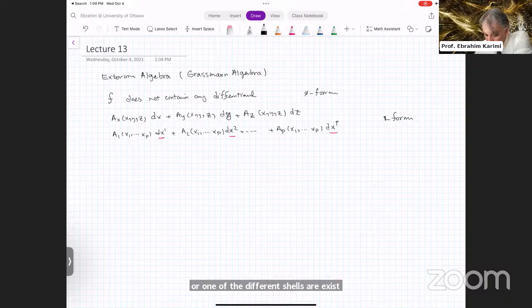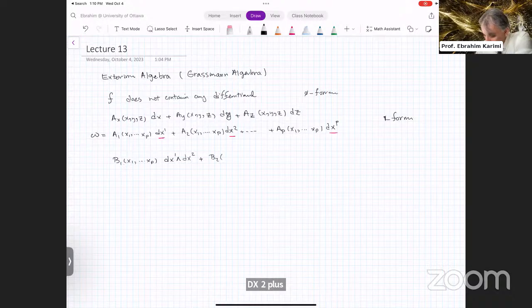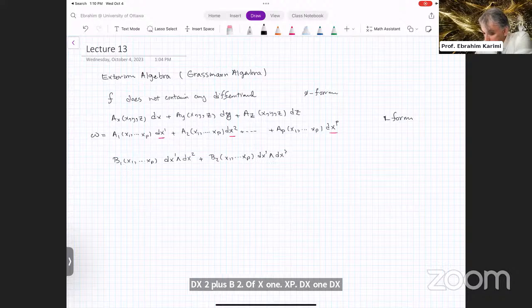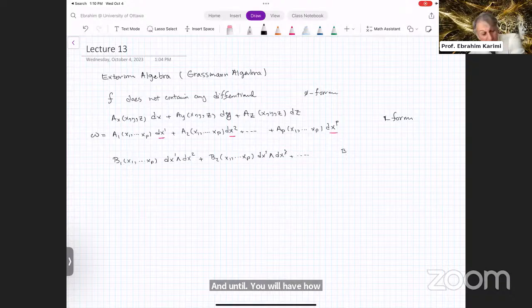Then we may have different things, which we call omega. We can have a different form which has b1(x1, ..., xp) dx1 dx2, plus b2(x1, ..., xp) dx1 dx3, and so on until the end. How many elements do we have?